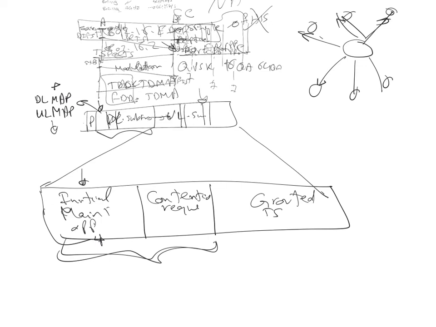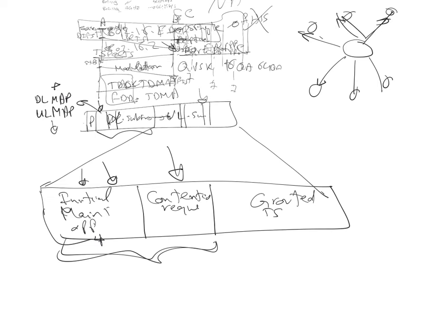Except that here, during this period, the nodes will send their bandwidth requests, whether implicit or explicit, in a contention-based environment. Because if you send a multicast or broadcast pull in the uplink, naturally, we will have contention.